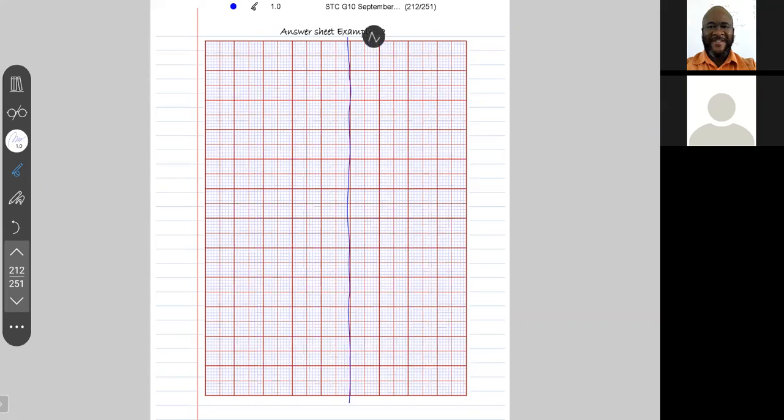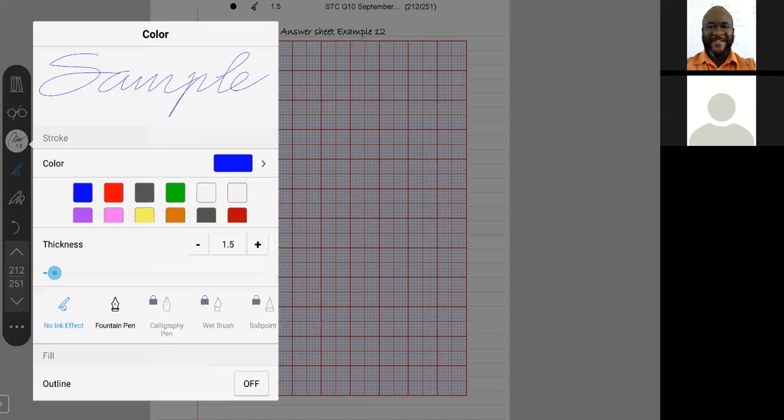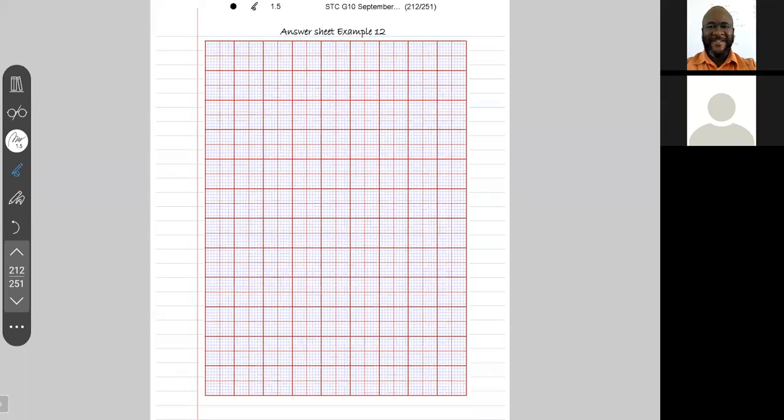Maybe I should change this to being black. I go one up and make it black. I could roughly put my y-axis maybe here. It's almost in the middle with a little bit more space to the left.